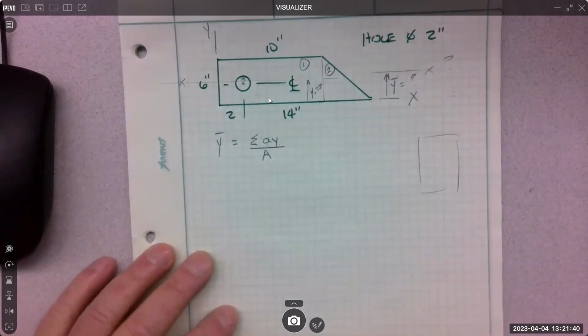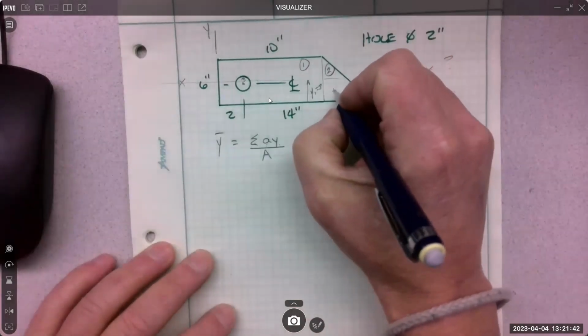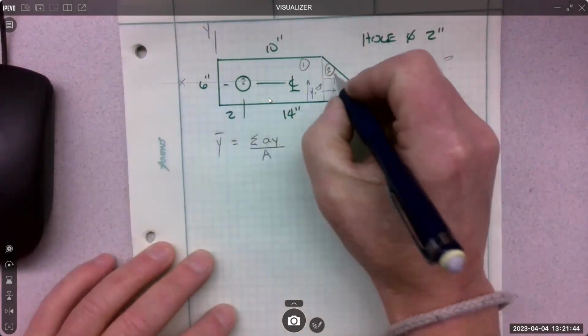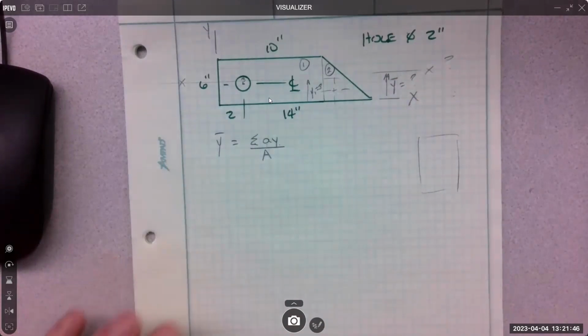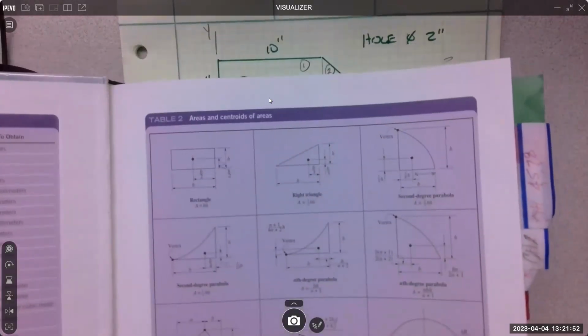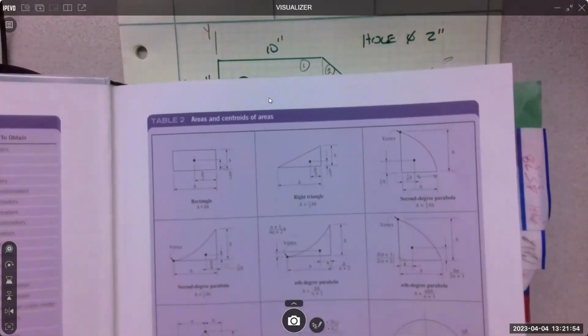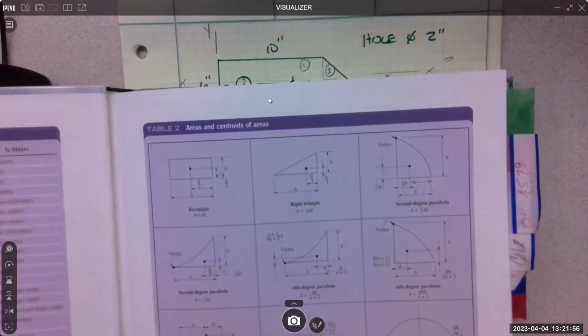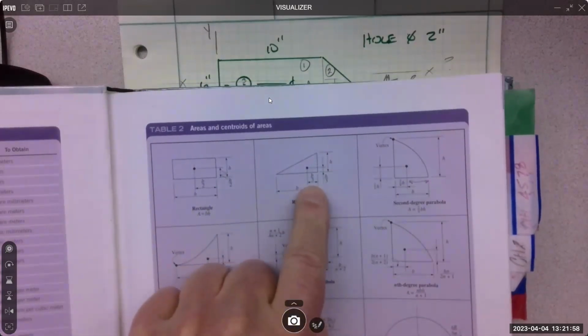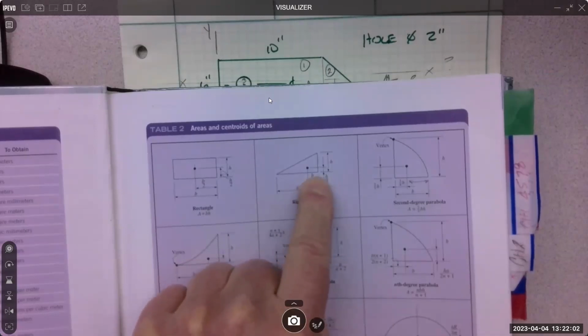Makes sense, right? Y2. You'd have to remember a triangle and where that centroid is. And it is on the cover of your book. It's a triangle right here. It's the height divided by 3 or the base divided by 3 from the 90 degrees.